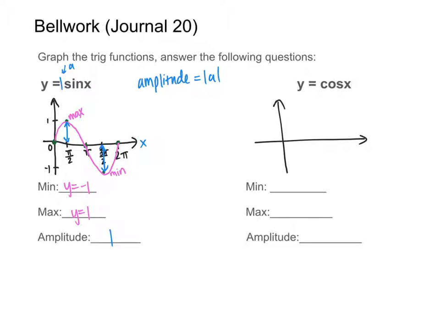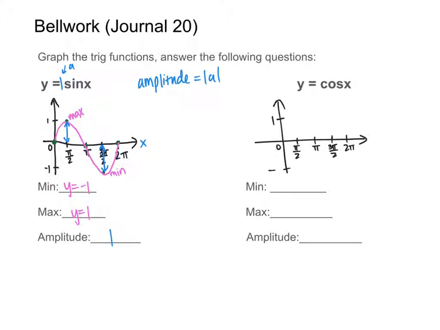Okay, now for cosine, if we do it from 0 to 2 pi, I'm going to cut this in half. This would be 3 pi over 2. This would be pi over 2. Highest point is 1. Lowest point is -1. And so for cosine, it starts at +1.